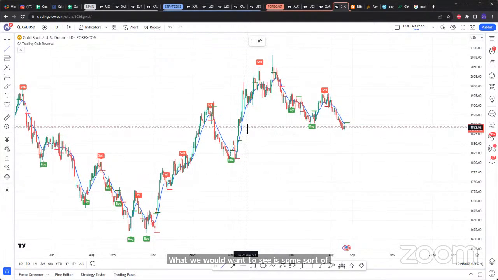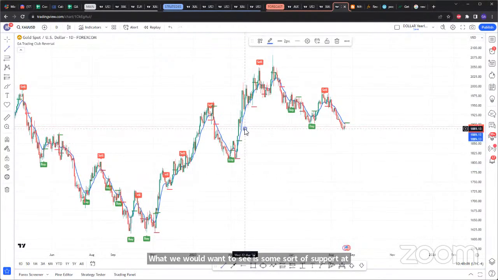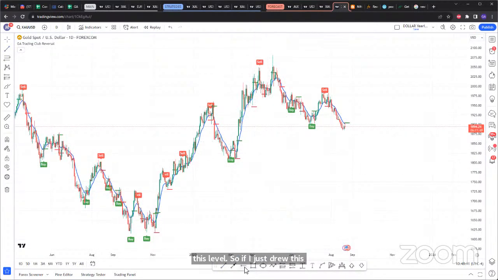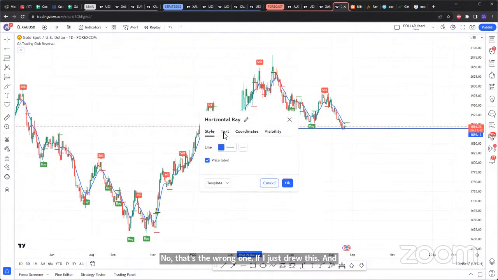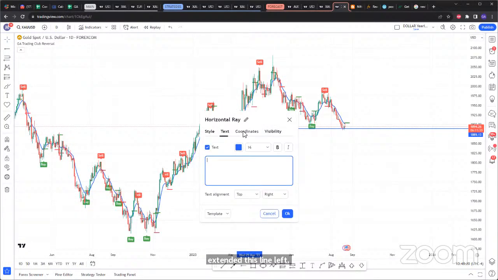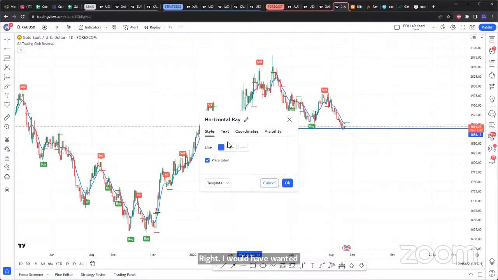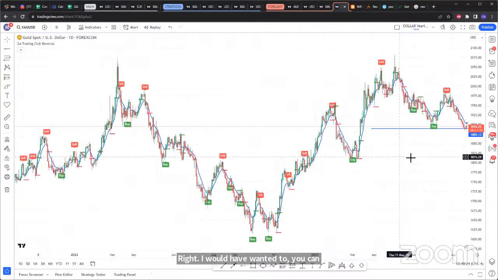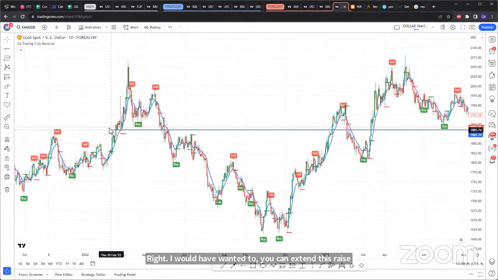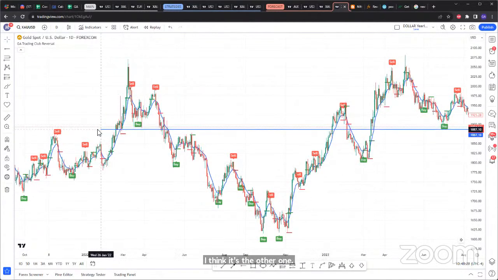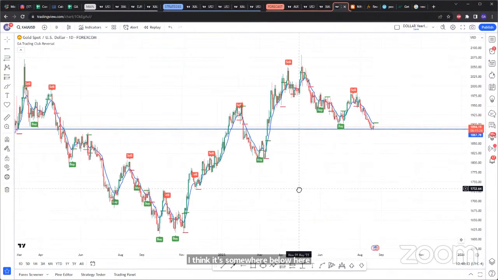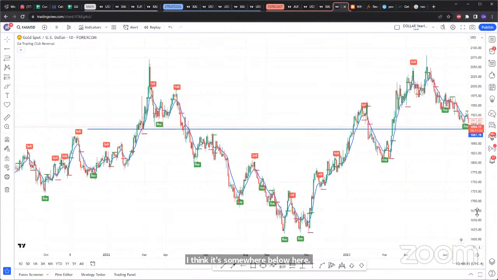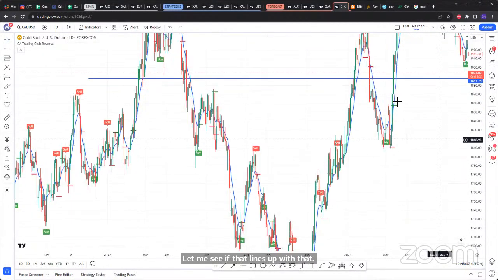If I just drew this and extended this line left and right... I think it's somewhere below here. Let me see if that lines up with that. Yep, see this?